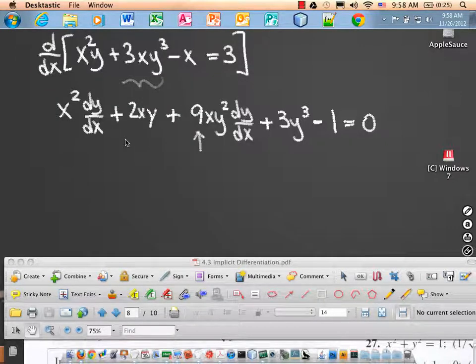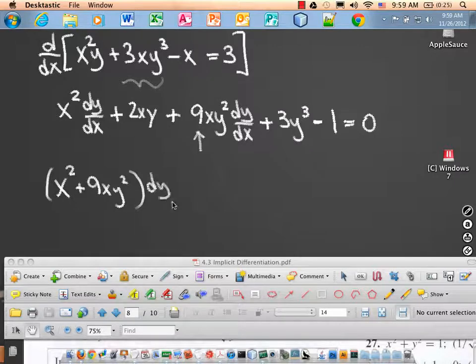Okay. Now we're going to solve for dy/dx. So we put everything that's not a dy/dx on the other side. So I get x squared plus 9xy squared, times dy/dx, equals 1 minus 2xy minus 3y cubed.